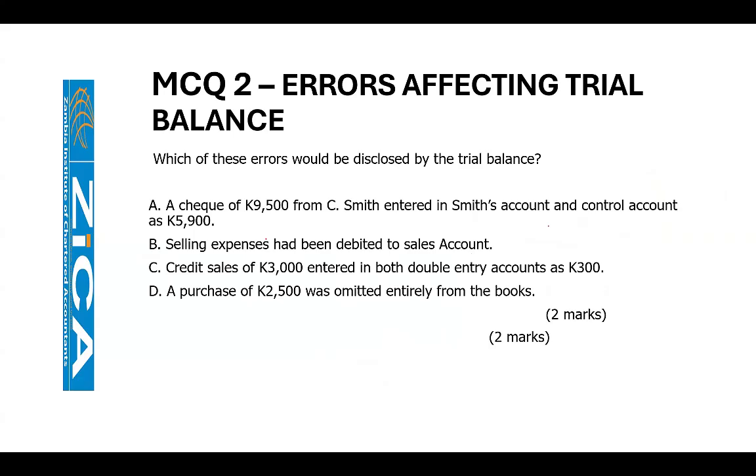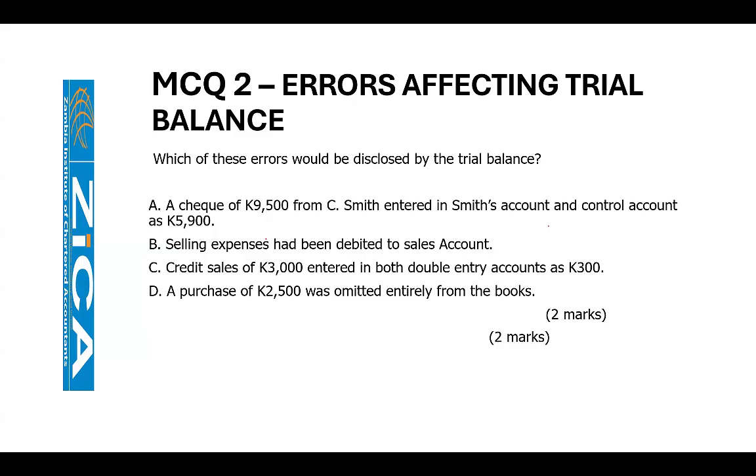There's a question again there. Which of these errors would be disclosed by the trial balance? So sometimes it's just you understanding the theory aspect, not necessarily to make any computation. So A says, a check of 9.5 from C. Smith entered in Smith account and control account as 5.9.